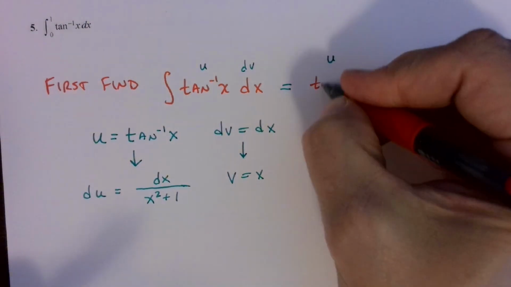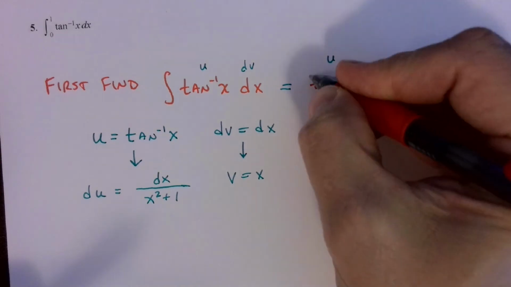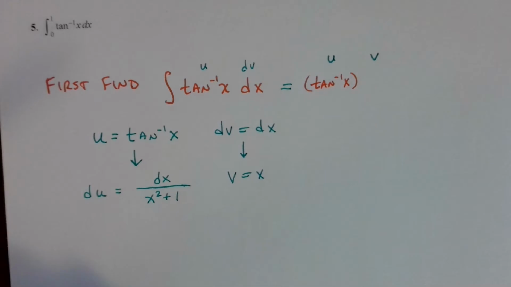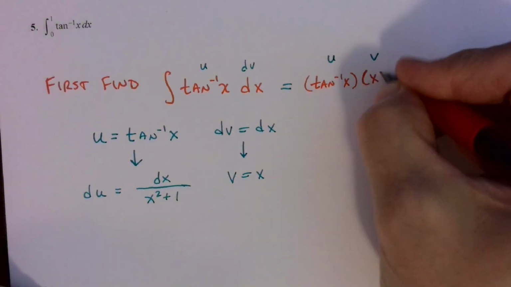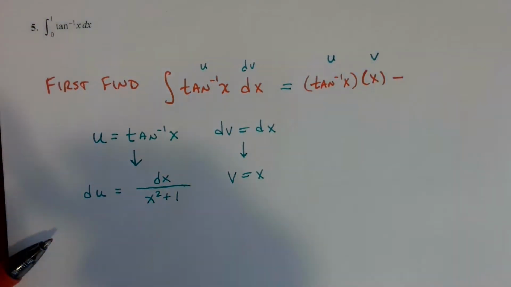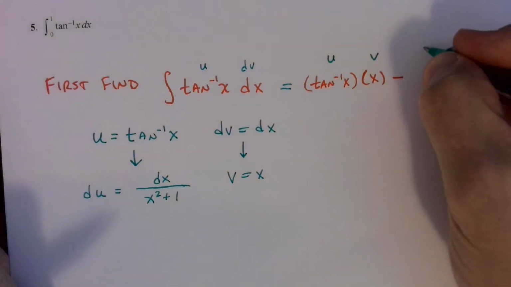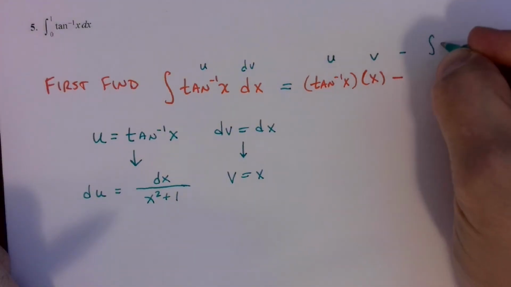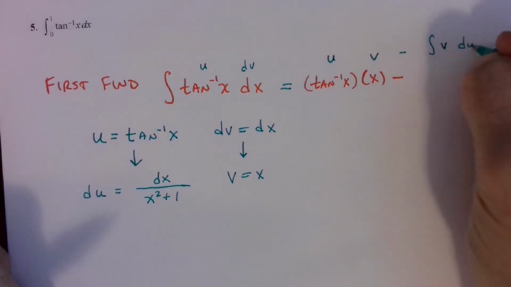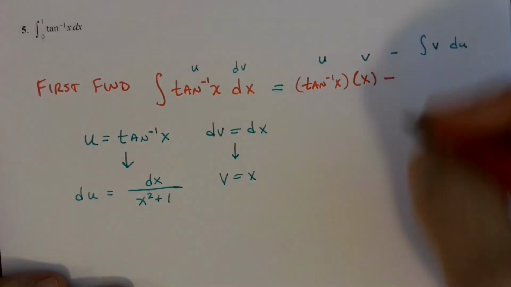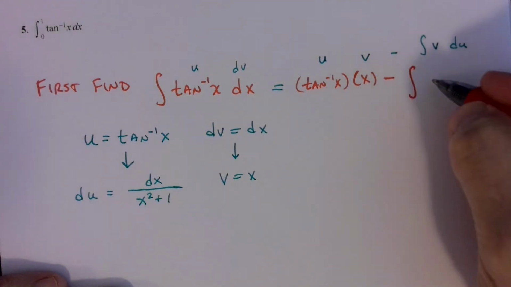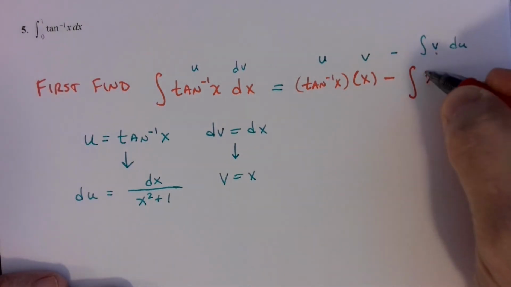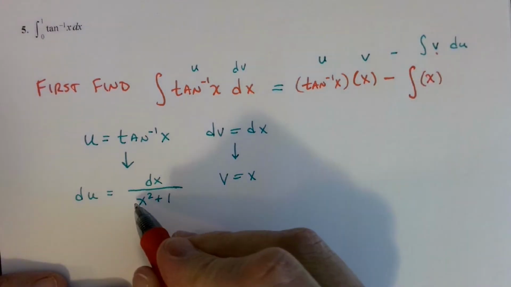Tangent inverse x, times v, which is x, minus the integral of what? v du. And what was v again? v was x. And what's du? Well, du is all this stuff.